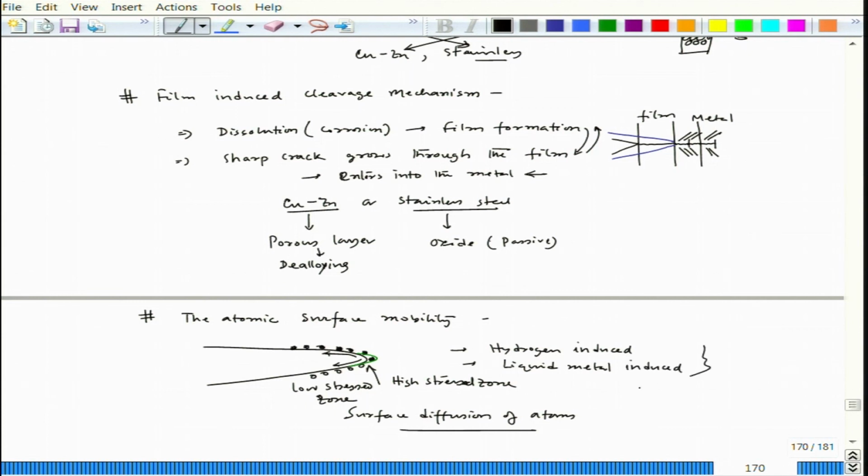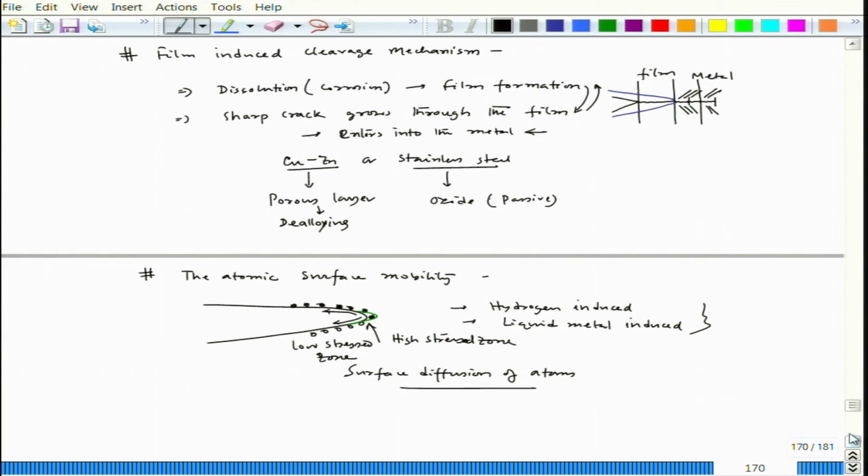So, that way the surface atoms of the metal would move away from high stress to low stress, since the crack tip is at a high stress zone. So, the crack tip moves into the material, and that way final failure happens in that material. So, this is atomic surface mobility. So, these are in a nutshell some of the mechanisms that are available to address the stress corrosion cracking behavior of metals and alloys.